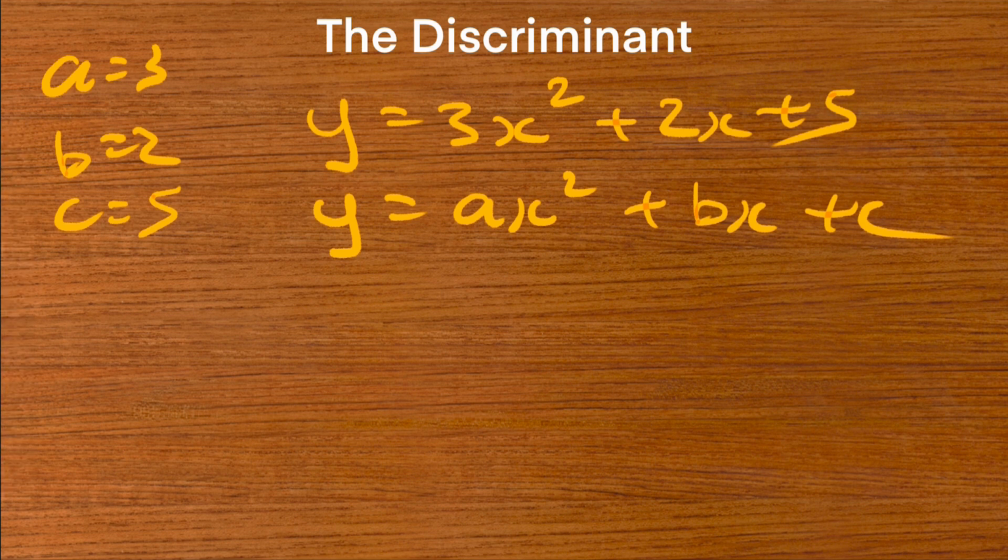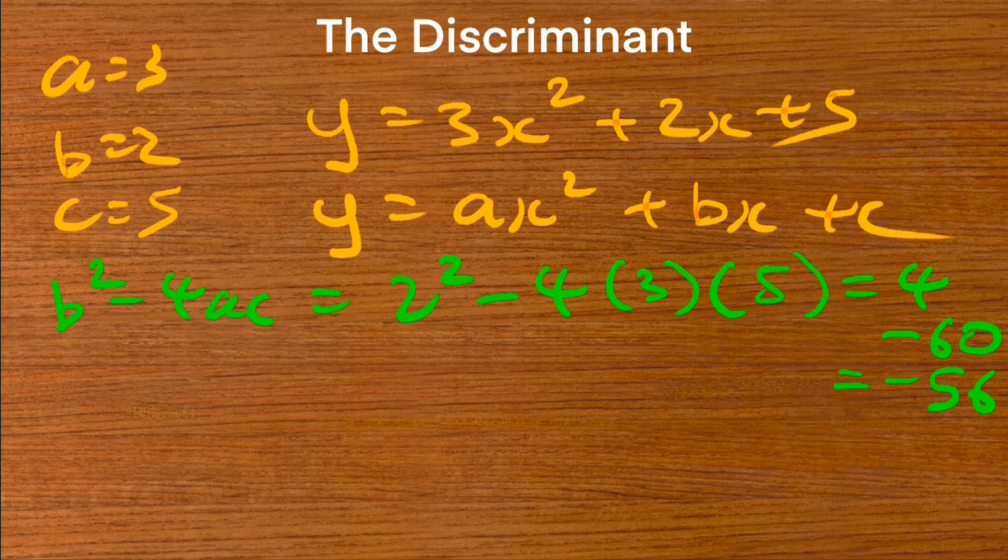Substitute the values of a, b, c into the discriminant formula. Now we see that we have 2 squared minus 4 times 3 times 5, and we will get 4 minus 60, which is a negative number.